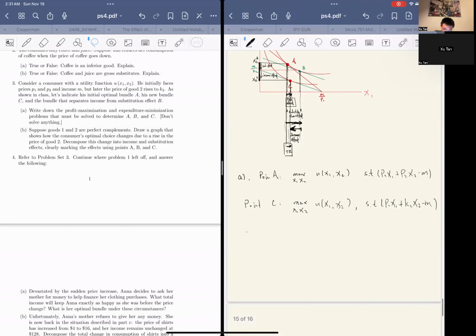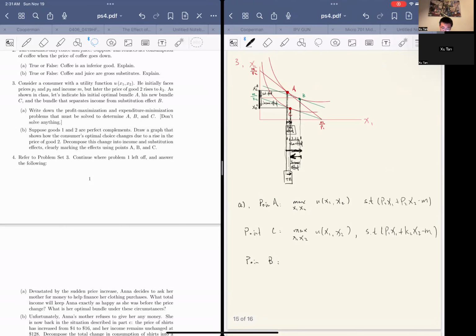Okay, so let's do point B. What is point B? Point B is a minimizing problem where we know that the utility is the same, but the budget changes, right?